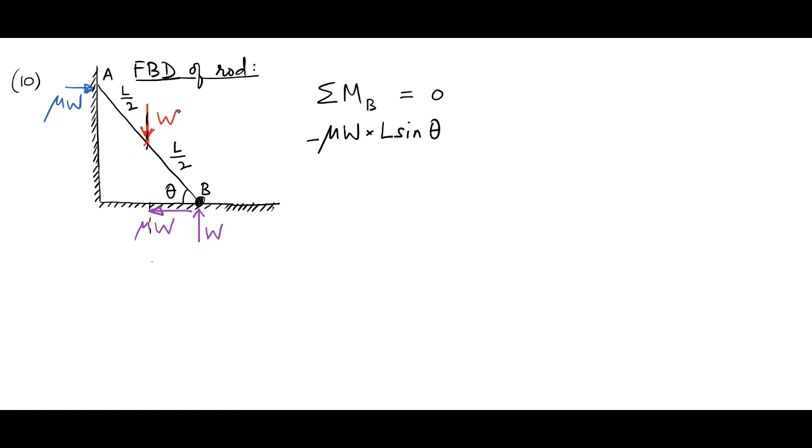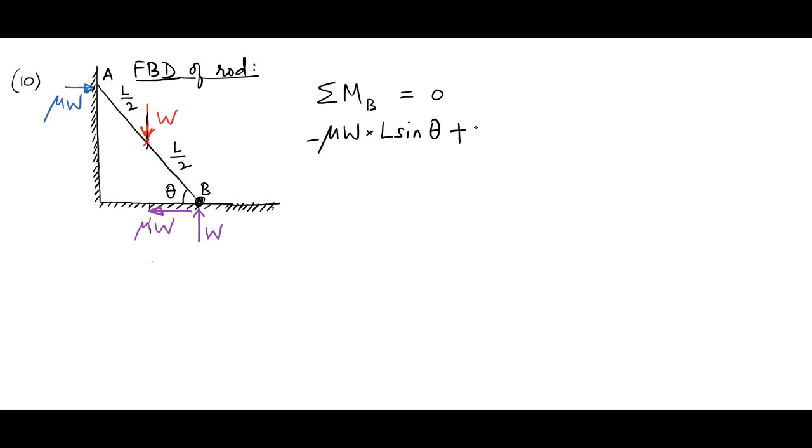Now let's consider the second force, this weight W, which has a non-zero moment about B. You can see that this force tries to turn the rod in the anticlockwise direction about B, and so its moment must be positive.